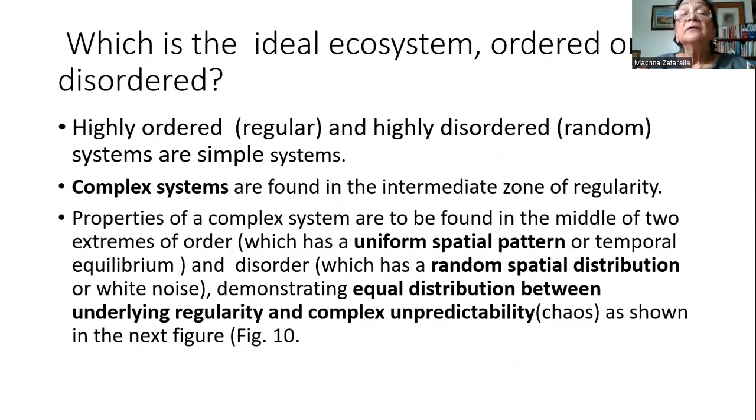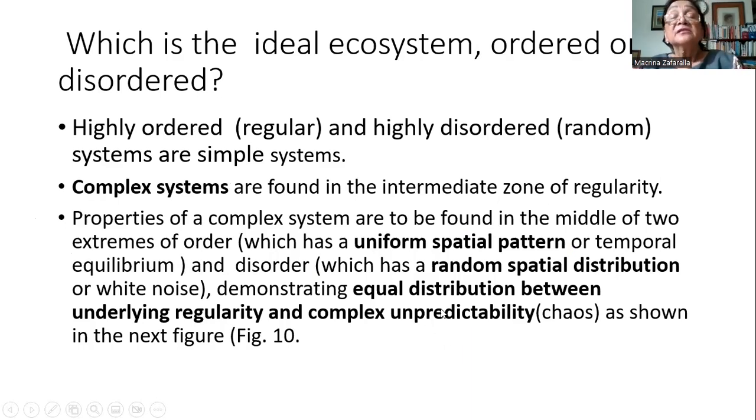Which is the ideal ecosystem? Is it the ordered or the disordered ecosystem? Highly ordered or regular and highly disordered or random systems are simple systems. Complex systems are found in the intermediate zone of regularity, between the regular and the random.